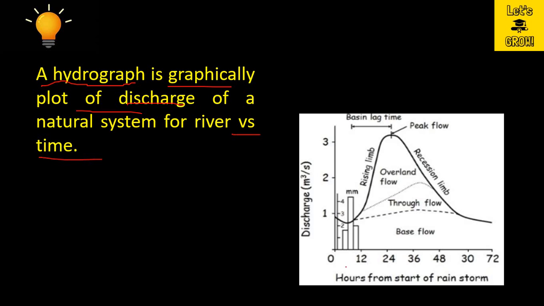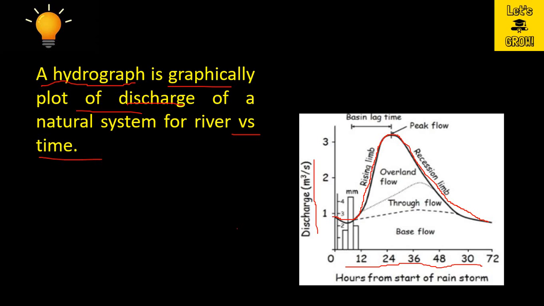On the x-axis we have the time, in hours from the start of the rainstorm, and on the y-axis we have the discharge in meter cube per second. The curve plotted between time and discharge is called the hydrograph.